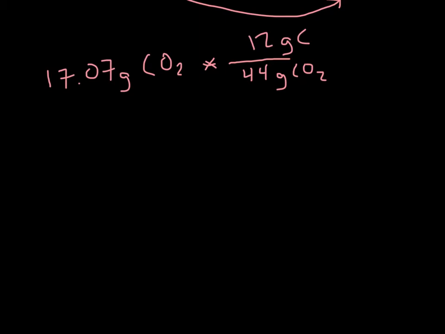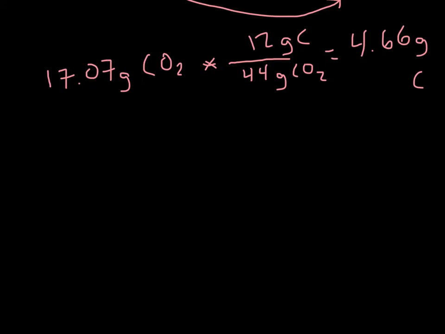That simply comes from the fact that carbon dioxide has 1 carbon, which is 12 grams per mole, and 2 oxygens, 2 times 16 is 32, for a total of 44 grams, 12 of which was carbon. So in this 17.07 grams of carbon dioxide, 4.66 grams are carbon. And remember, all of that carbon came from our original sample.